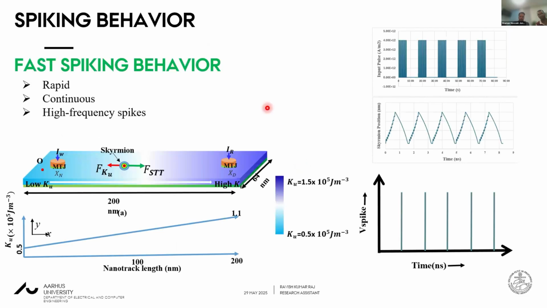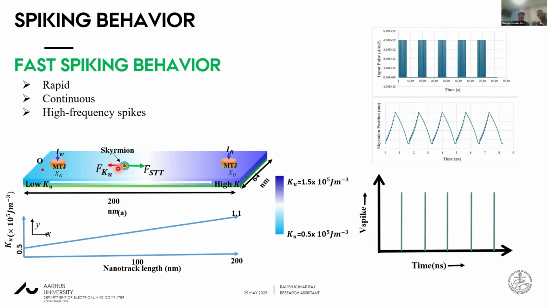This is our proposed device that we are considering in an MTJ. Based on the applied current, the Skyrmion is nucleated and then driven by the STT force, and an anisotropic gradient is created along this nanotrack, acting as the leaky behavior.